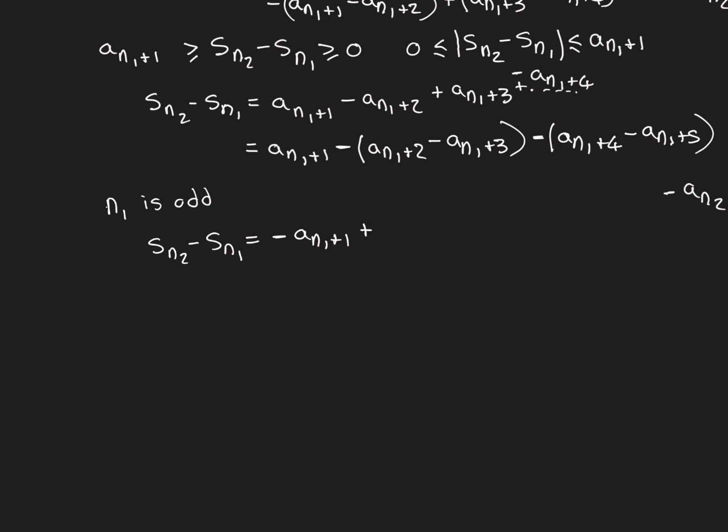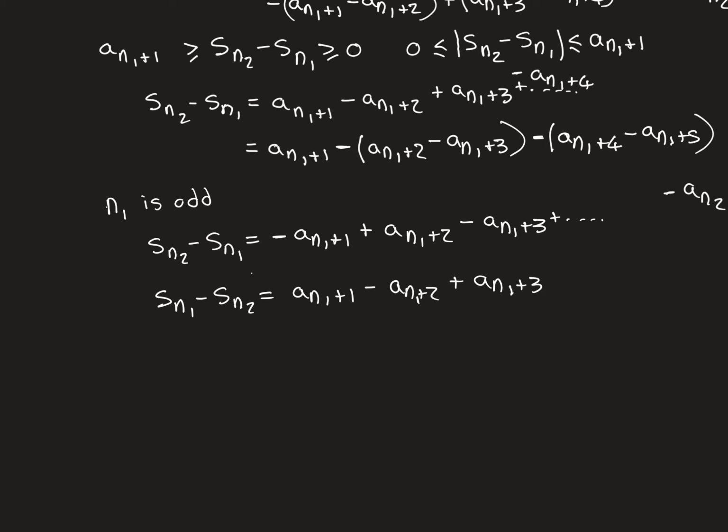And you'll have plus a_{n1+2} minus a_{n1+3}, etc. Now, all you have to do is multiply both sides by minus 1 to get that S_{n1} minus S_{n2} is equal to this: a_{n1+1} minus a_{n1+2} plus a_{n1+3}, so on.